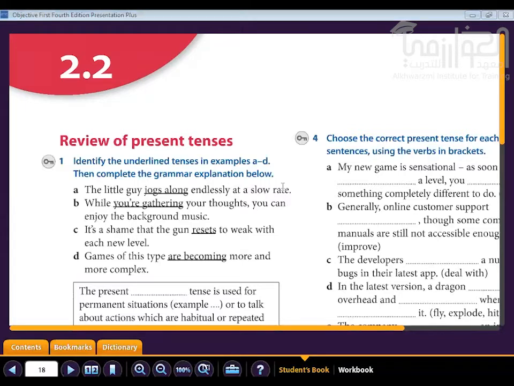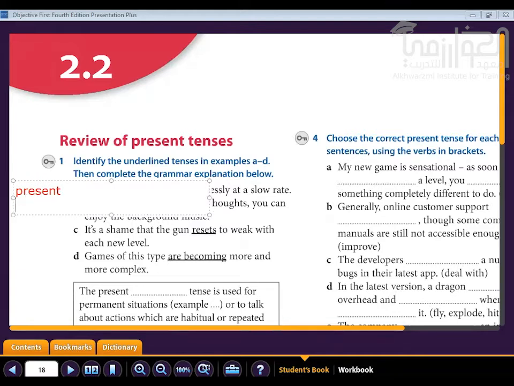So let's write that one here. This is present simple, beside it. So A is present simple.